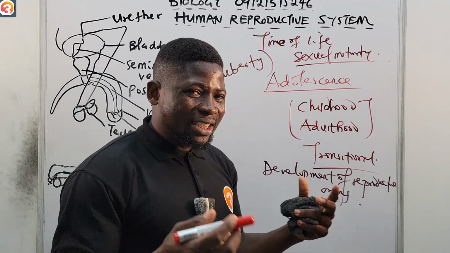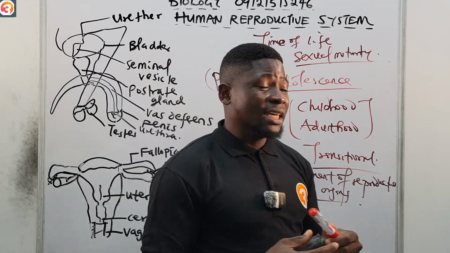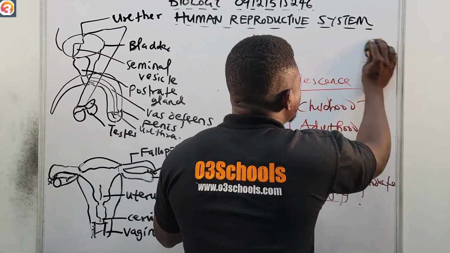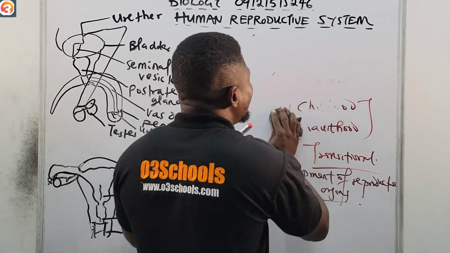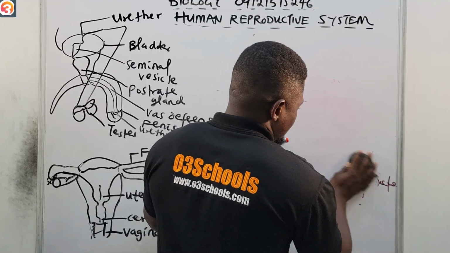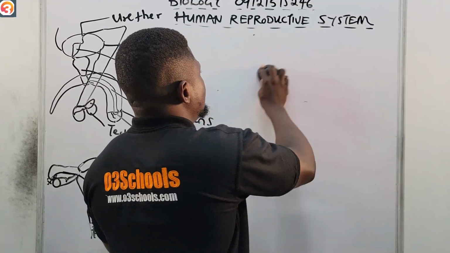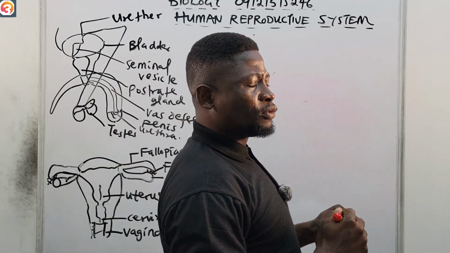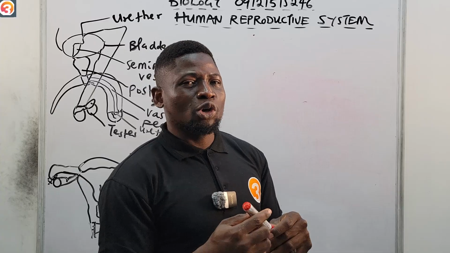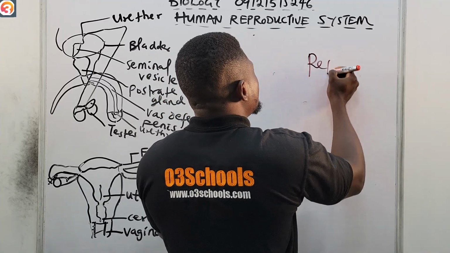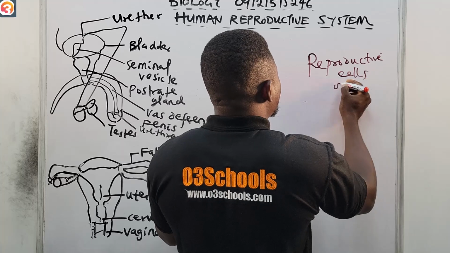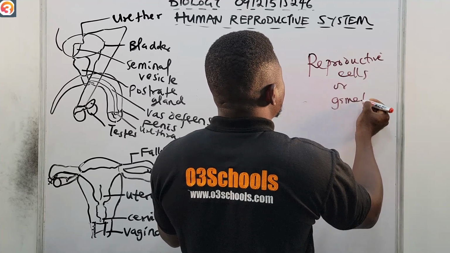And what is the reproductive system that we're talking about? The reproductive system is a part of the human body which has different organs that come together and facilitate the production of reproductive cells or gametes.